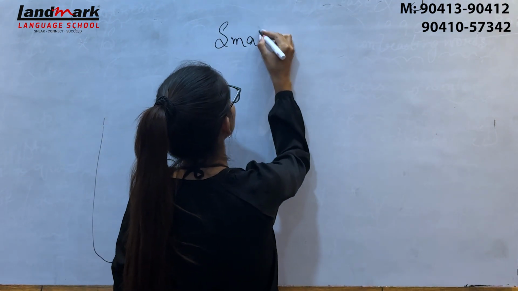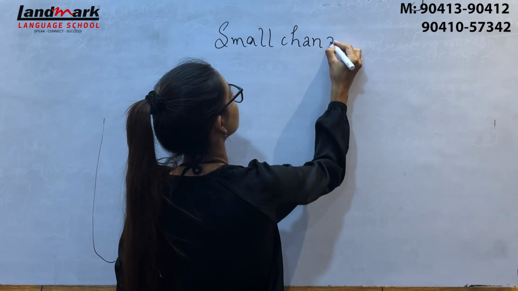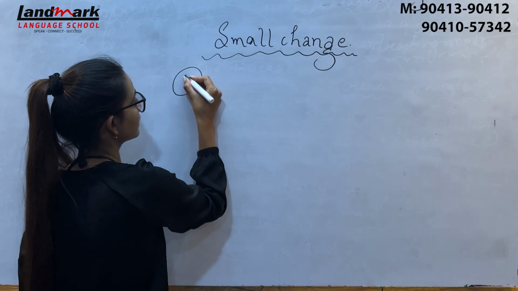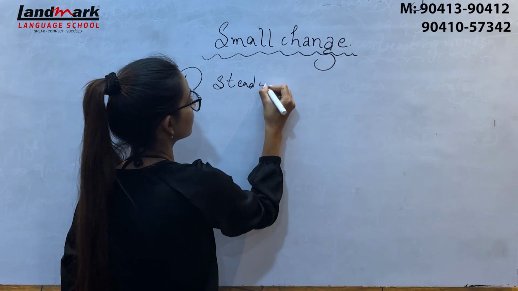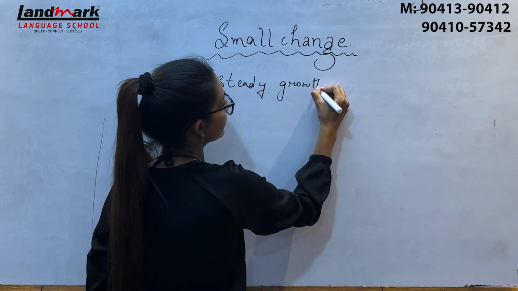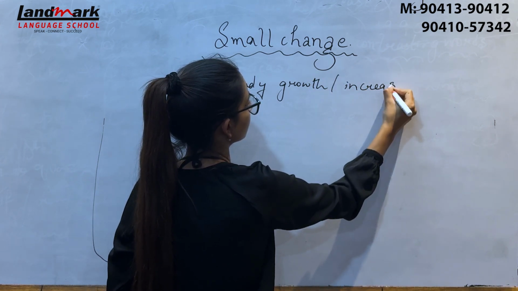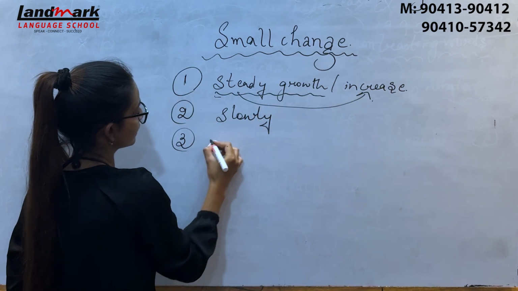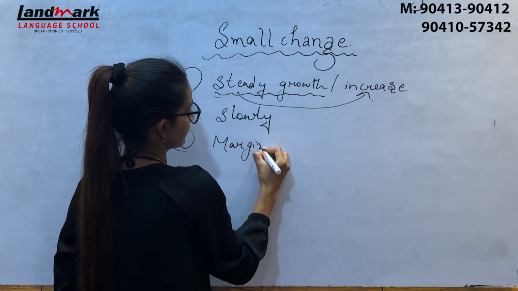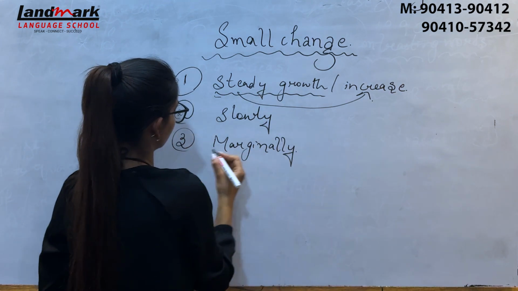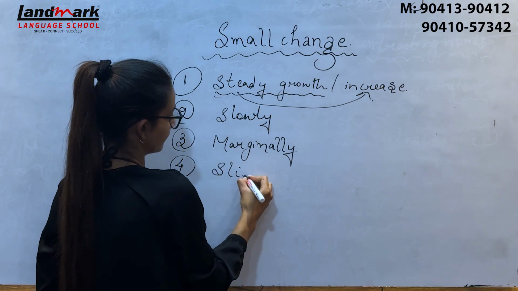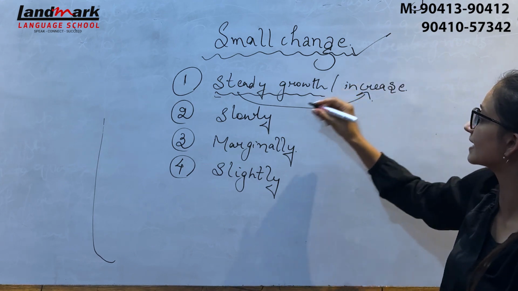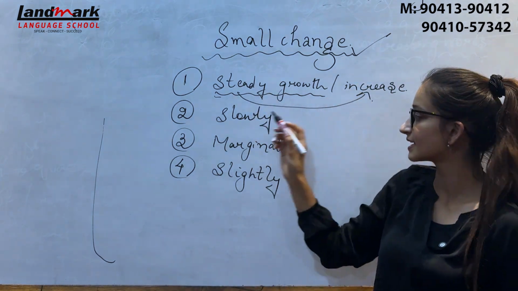When there is a little change or a small change, we can say there was a "steady growth", or "steady increase", "slowly", or you can say "marginally", or you can write "slightly". So these are the four words for small changes.